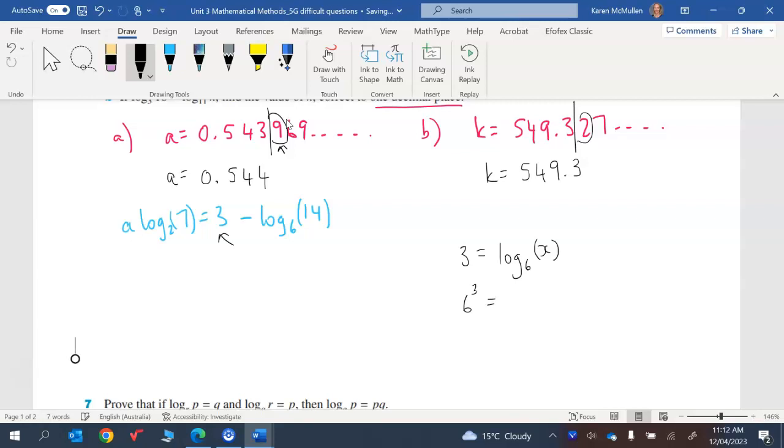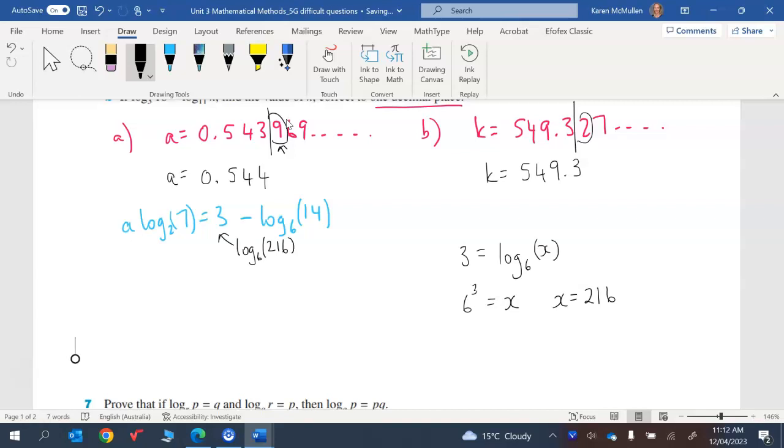So 6 to the power of 3 is equal to x. Something like this, you probably couldn't do it without your calculator anyway. So x is equal to 6 times 6 times 6, which is 216. So instead of writing 3, that is the same as log base 6 of 216.